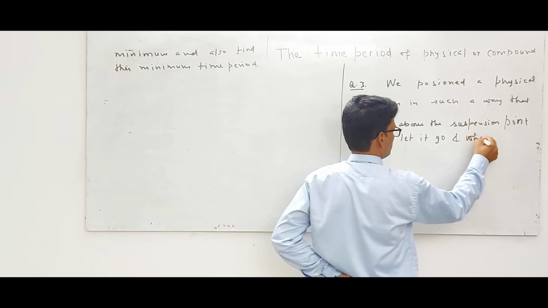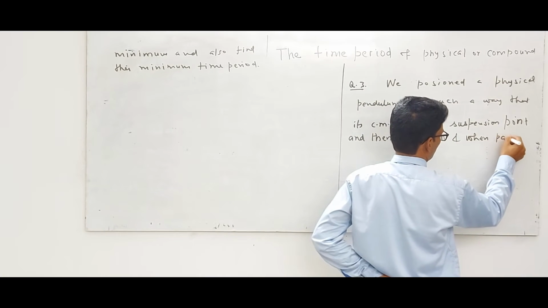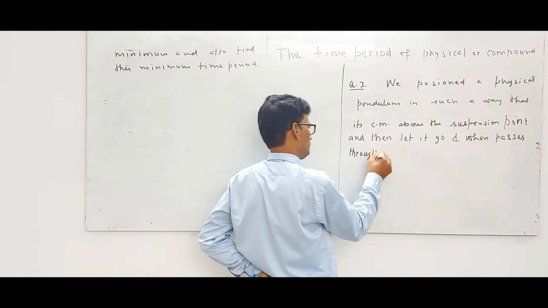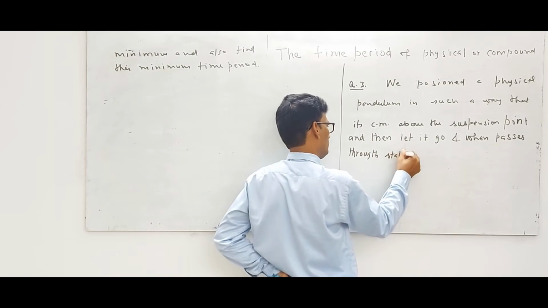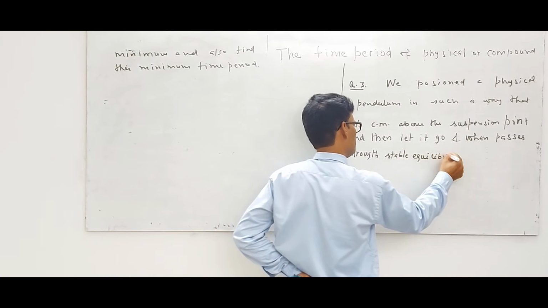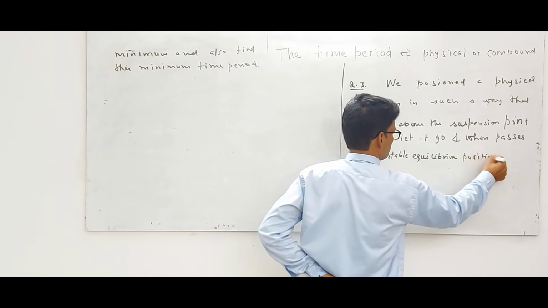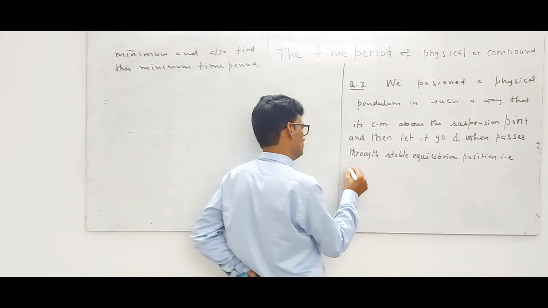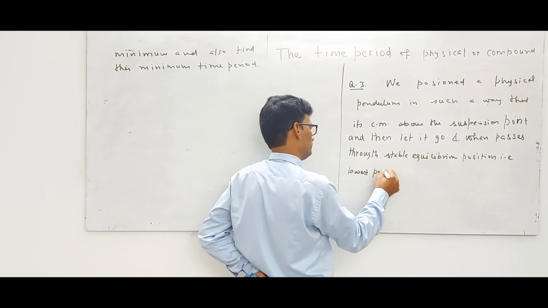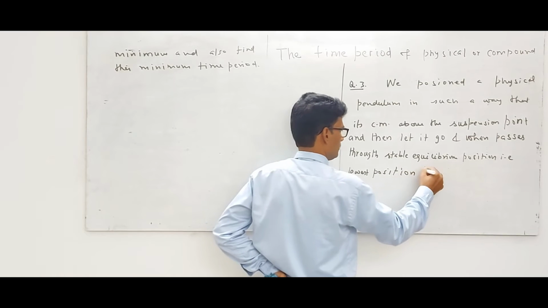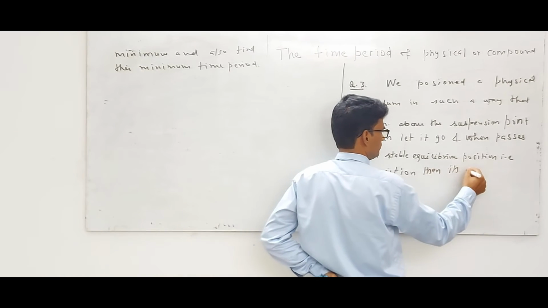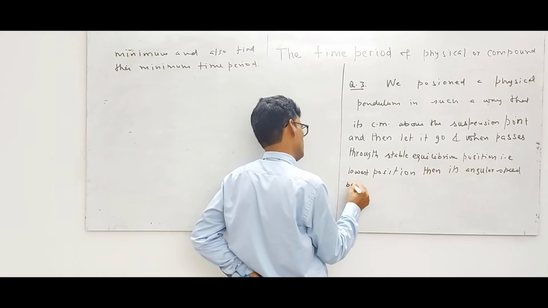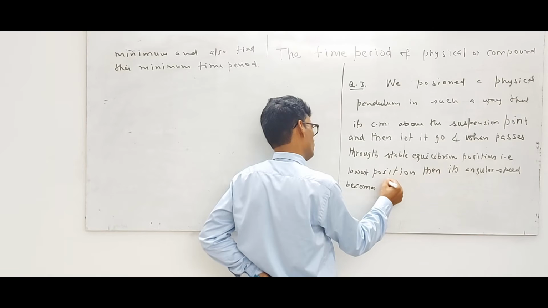And when it passes through a stable equilibrium position, that is the lowest position, then its angular speed becomes theta naught dot.